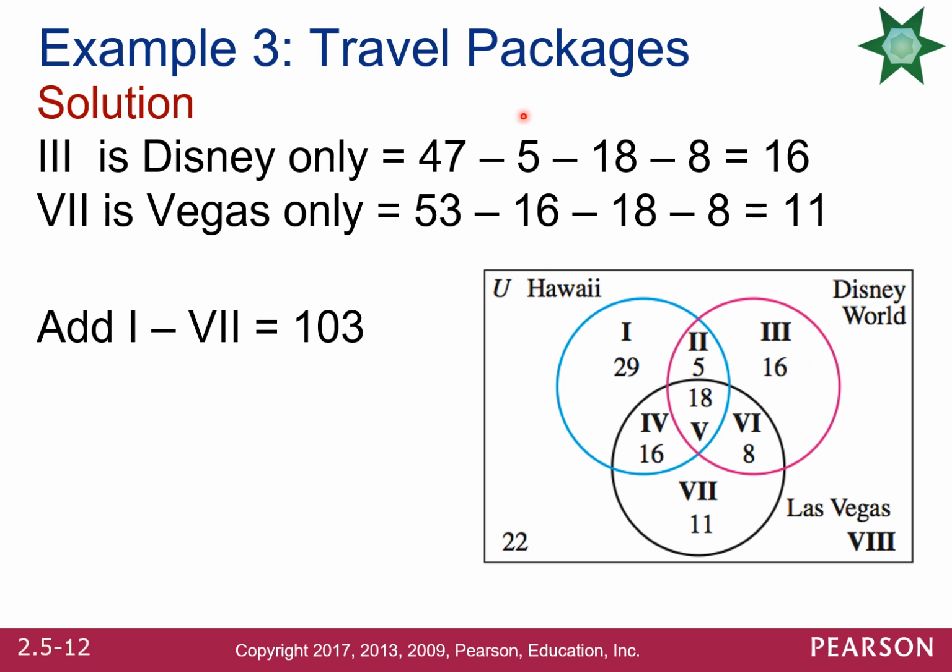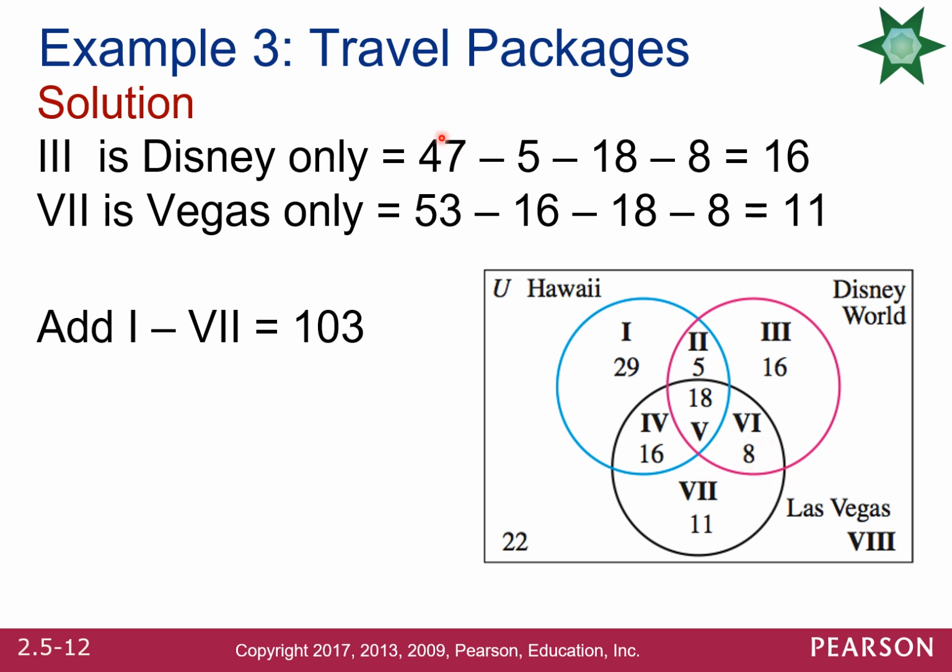What they have done is they've taken the total number of people that wanted to go to Disney World, which was 47, but the number of people who wanted to go to Disney alone and were not interested in the other destinations would be 47 minus 5 minus 18 minus 8, right?